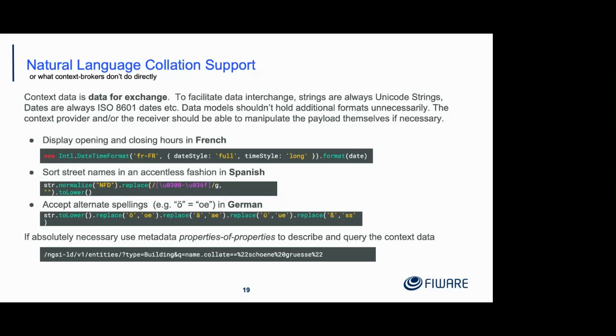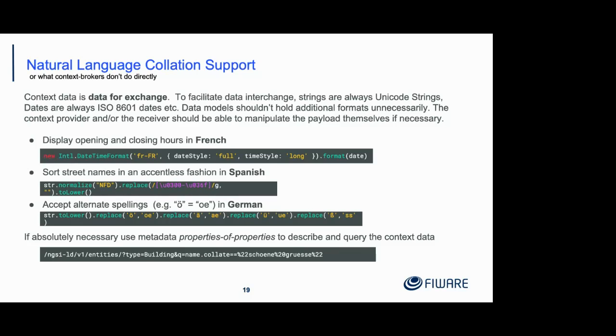Now, that rather useful little code there replaces all of the accents in a Unicode string by just stripping them out, because the NFD format is going to give you individual characters plus the accent after it, and that Unicode range will remove those accents, and I'm putting it in lowercase.